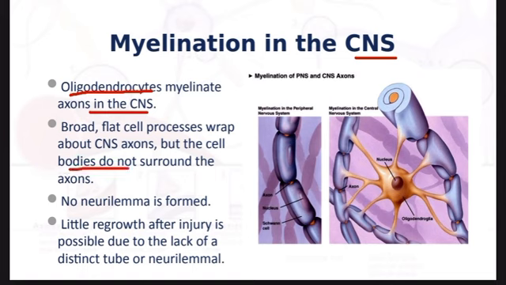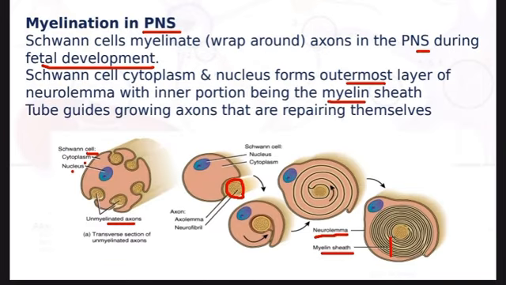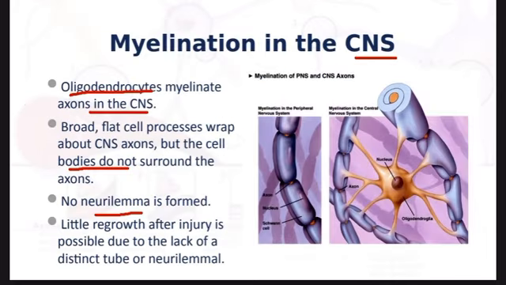This is one of the complications: the cell body would not surround the axon, so you can't make it encircle it like before. There is no neurolemma because I can't cover it fully. Regrowth after injury is limited due to the lack of a distinct tube, or neurolemma, surrounding it.